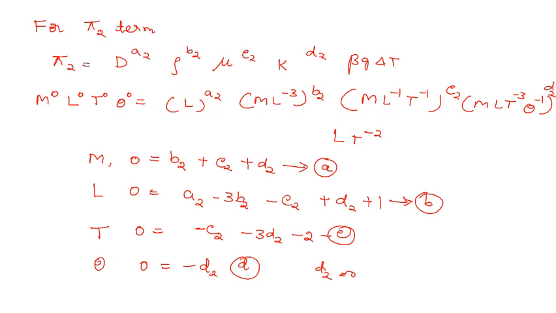Using d2 is equal to 0 in the third equation, equation c, we'll get the value of c2: 0 is equal to minus c2 plus 0 minus 2, so c2 is equal to minus 2.